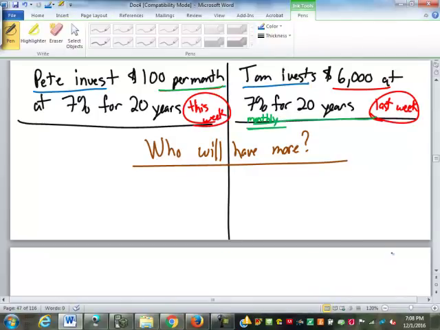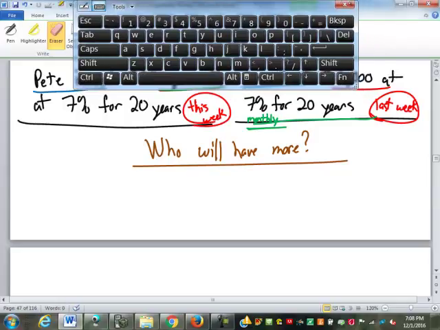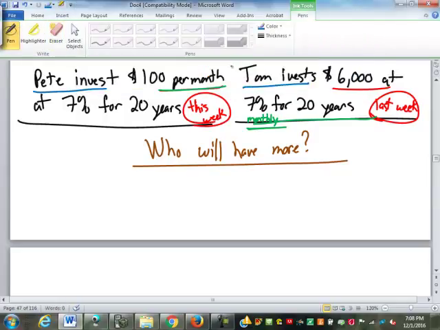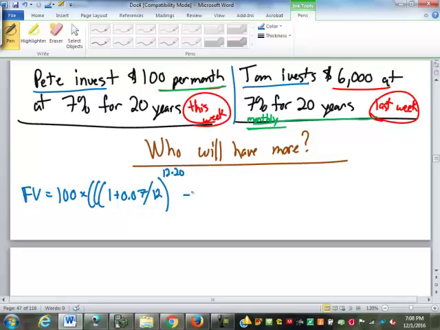Let's take a peek here. So for the first one, that future value is going to be the $100 times, open parentheses, 1 plus 0.07 divided by 12 to the power of 12 times 20, minus 1, close, divide by, open, 0.07 divided by 12, close and close.